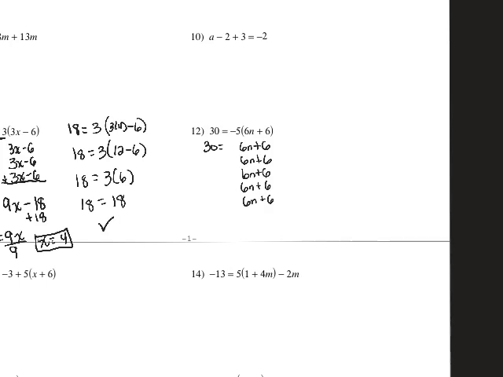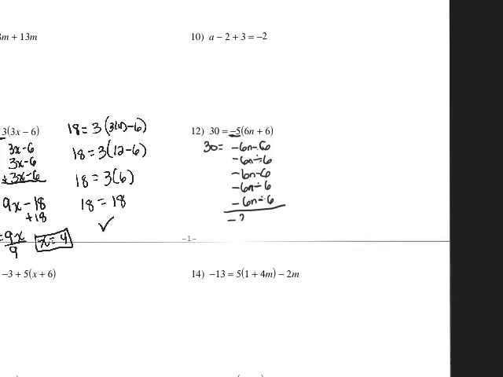And to be negative 5 times, I have to flip all the signs to the opposite, which means even my plus signs, it's hard to do on a tablet, become negative 6, negative 6, negative 6, negative 6, and negative 6. So now what do I have?